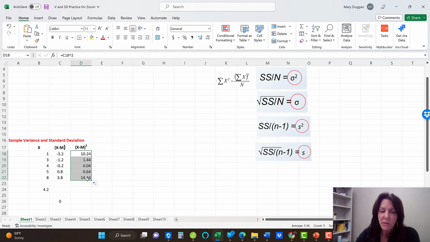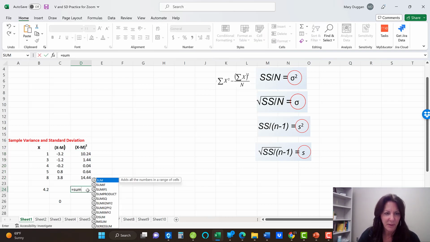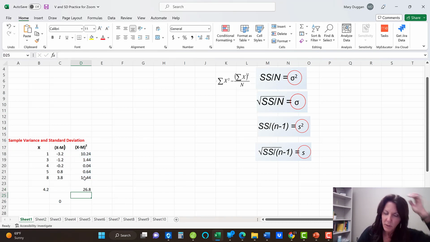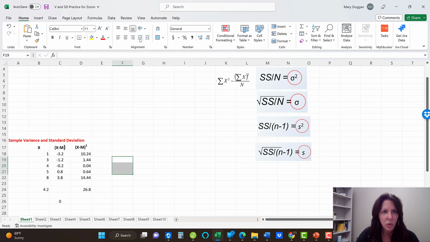These are squared deviations, but SS is the sum of squared deviations. So now the last thing, we just need to add them all up, in other words, sigma. So I'm going to add these all up. Okay, so now I know my sums of squares is going to be equal to 26.8, right?